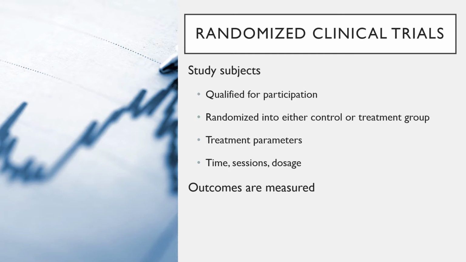We're looking at the outcomes in a randomized clinical trial based on the group that they are in, the control group or the treatment group. So if they're in the treatment group, we want to find out what happened as a result of the intervention that we did, and we want to compare that with the control group. So we're going to take a look at outcomes of both groups.